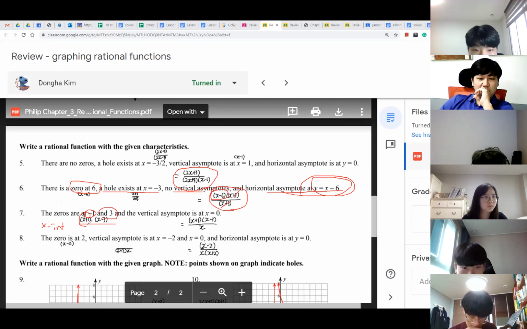Then should x plus 1 and x minus 3 go to the numerator or the denominator? Numerator. Good. And the vertical asymptote is at x equals 0.